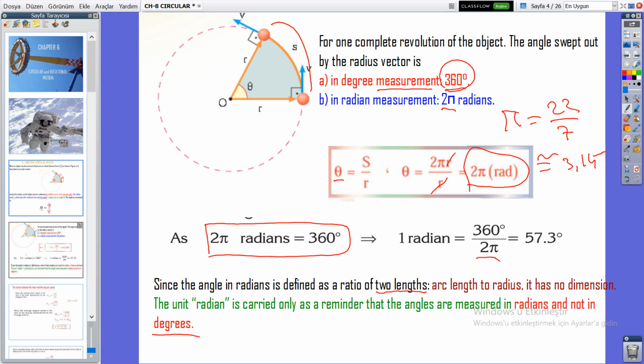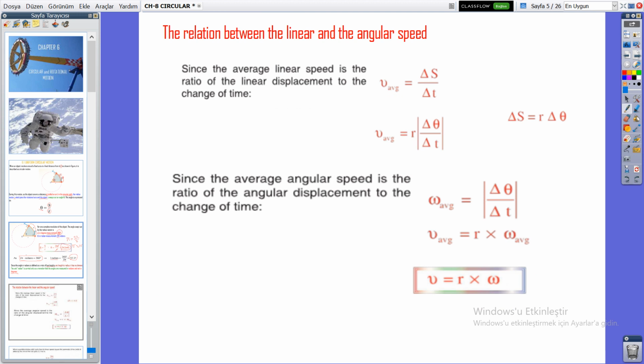And you must memorize that 1 radian equals 57.3 degrees.